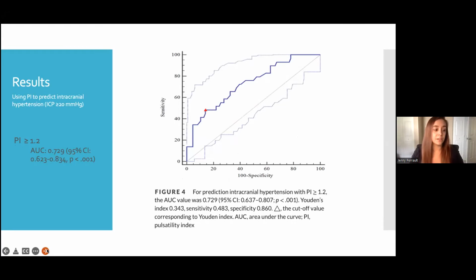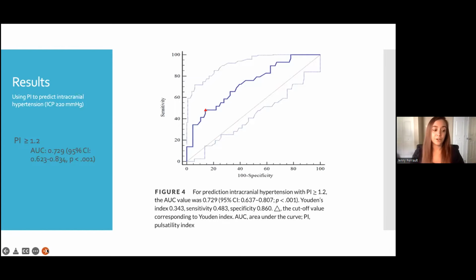If it's a 0 value, then the test gives the same proportion of positive results and negative results with or without the disease. So that means the test is kind of useless and not really accurate. So in this case, when PI was greater than or equal to 1.2, the Youden index is 0.343. So that was kind of low.